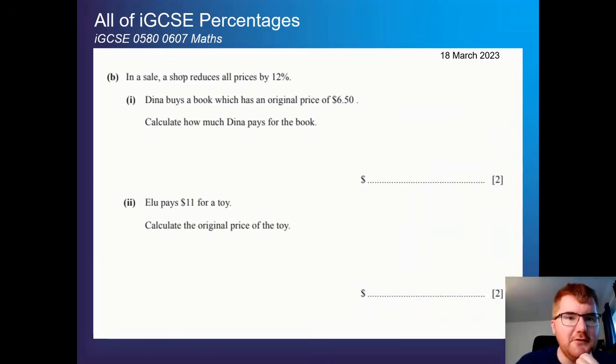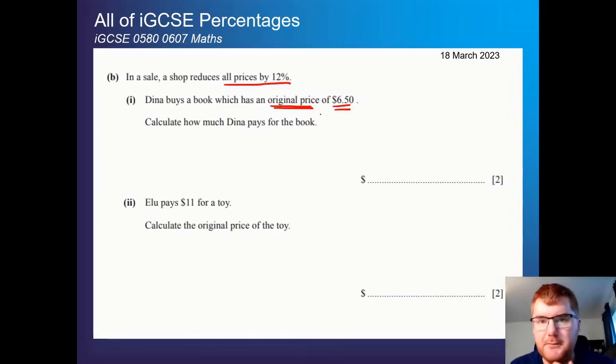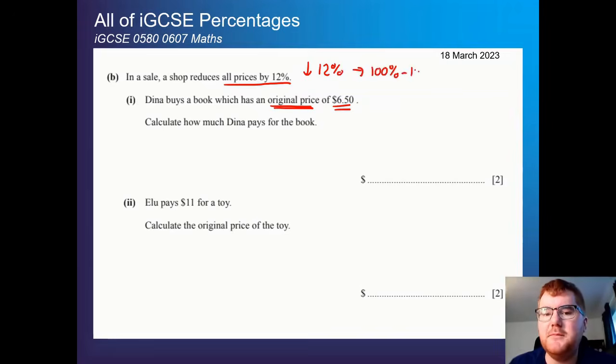Okay, so in a sale, a shop reduces all prices by 12%. Dina buys a book which has an original price, so this is a clue here, of $6.50. Calculate how much Dina pays for the book. So if we're reducing by 12%, well, if we've got 100% and we minus 12%, then we have 88%.